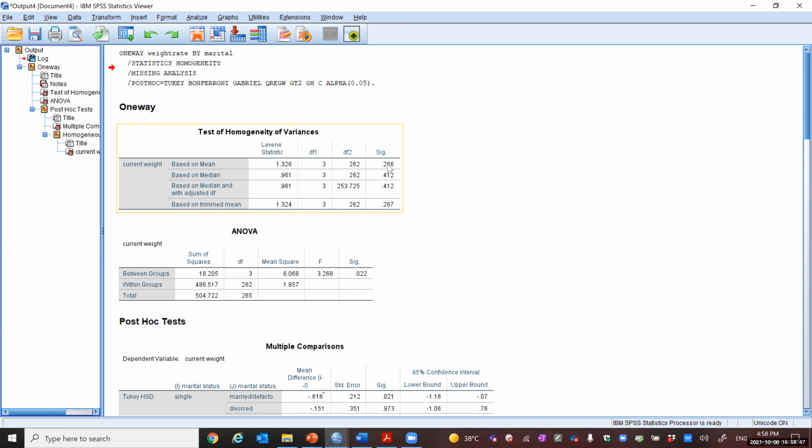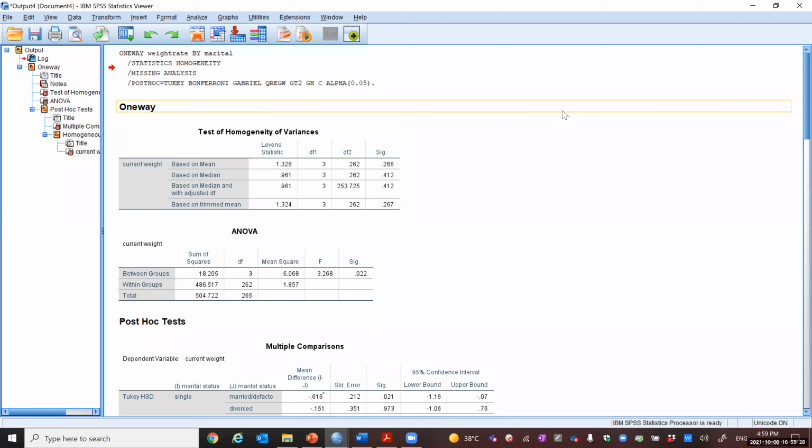In Levene's statistic, our null hypothesis was that the groups have homogeneous or equal variances. So we are sure now that the variances of the four groups under the variable marital status are homogeneous. So we are going to look at the output of the tests which are used for homogeneity of variances, like Bonferroni, Tukey's, REGWQ, Hochberg's GT2, and Gabriel's.